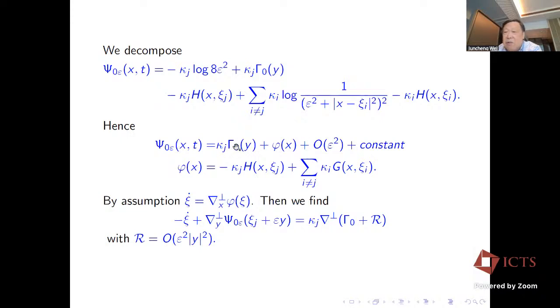Gamma 0 is a solution for the Liouville, and because this is the Kirchhoff rule, and we assume the Kirchhoff rules dynamics, we'll get this equals gradient perp gamma 0 plus r. R is small, but this guy has a singularity because this one is like a log r. Gamma 0 is like a log r.